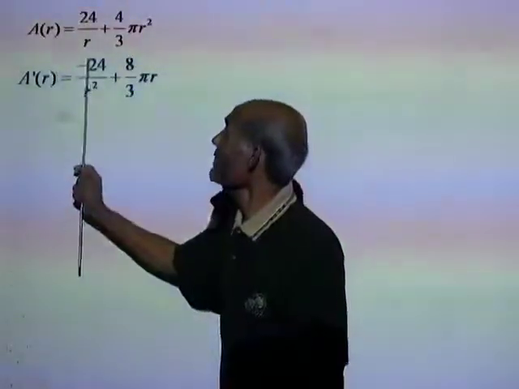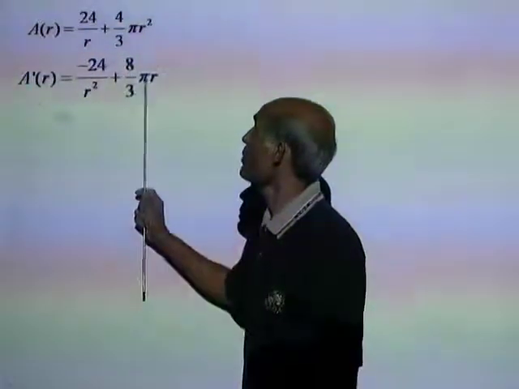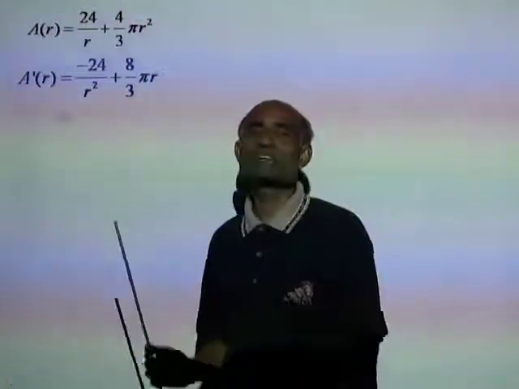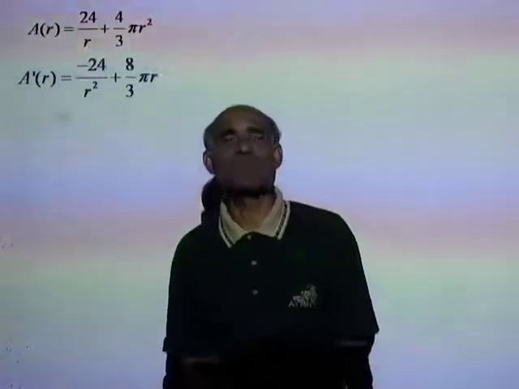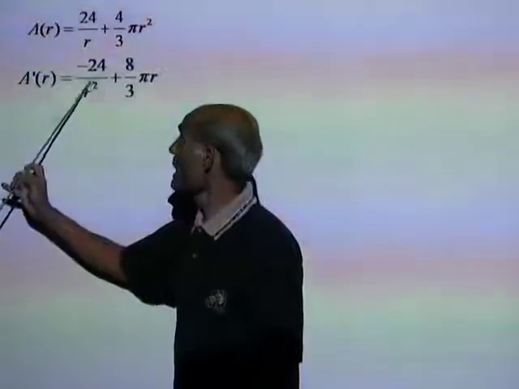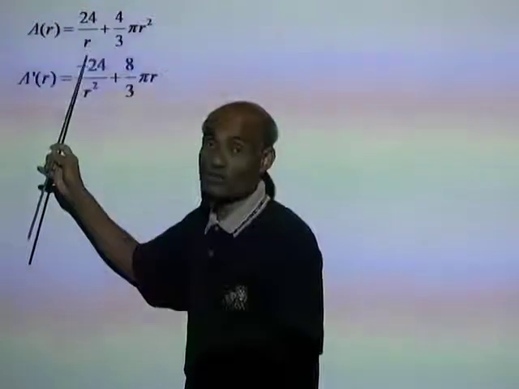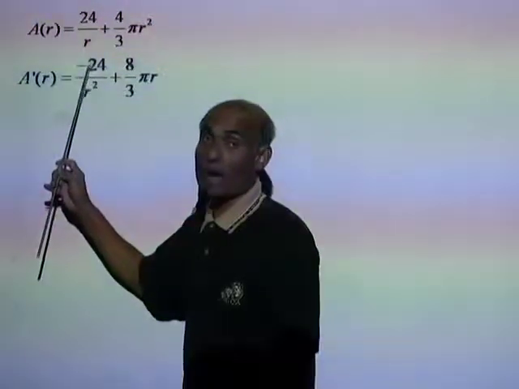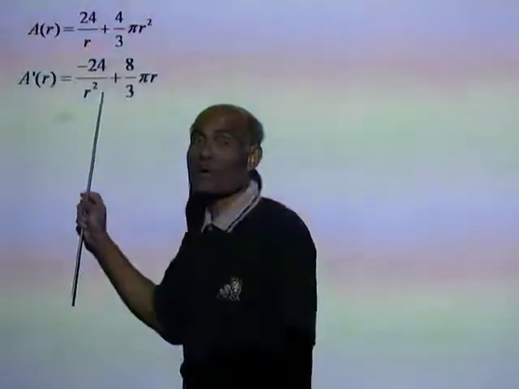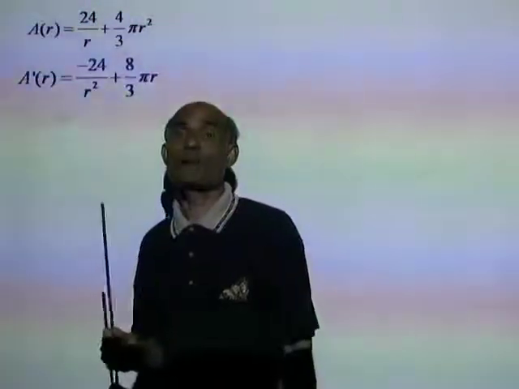Now, A prime of r we know is negative 24 over r squared plus 8/3 pi r. What is the derivative of negative 24 over r squared? Well, use the quotient rule there. r squared times the derivative of negative 24, that is 0, so 0 minus negative 24 times the derivative of r squared, which is 2r, over the square of the denominator.